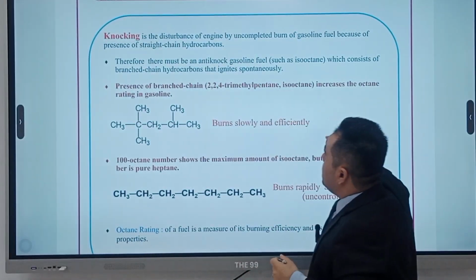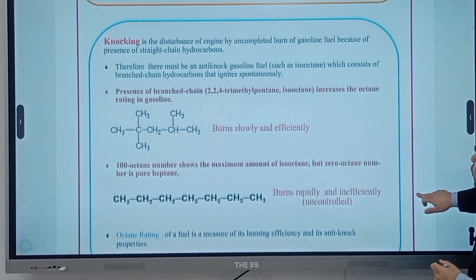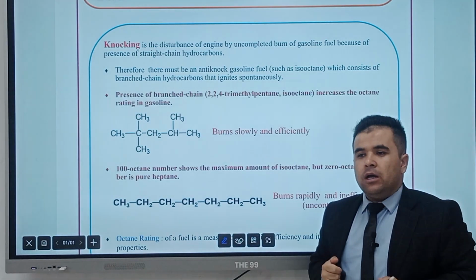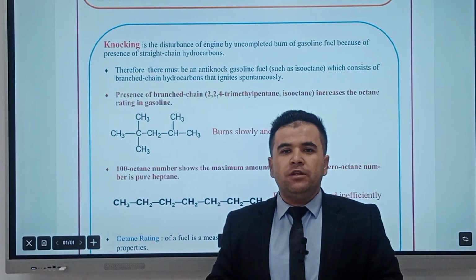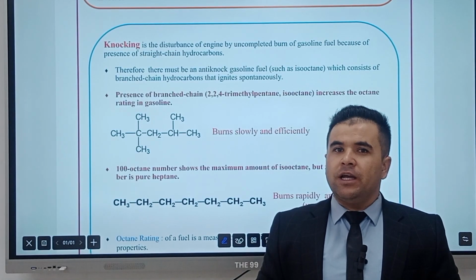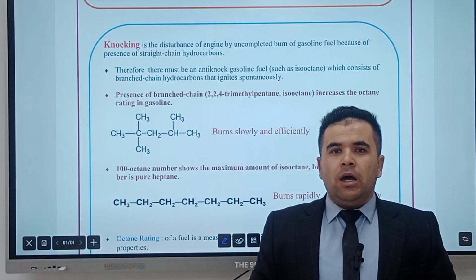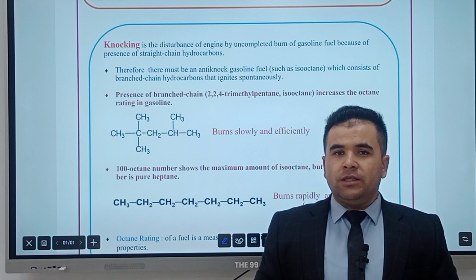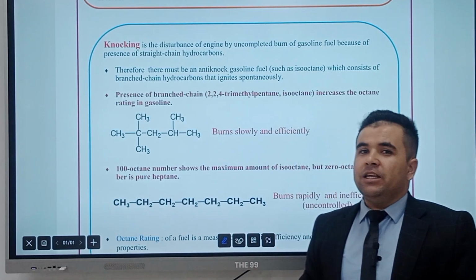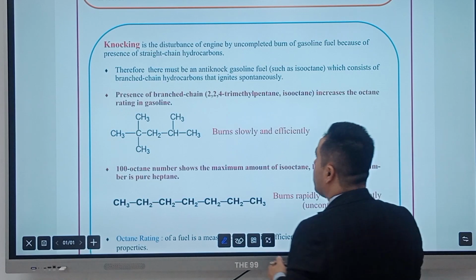Let us talk about the octane rating and the knocking of the fuel. Guys, we may have observed knocking in the engines, usually the gasoline engines, due to low quality or low octane number of the fuel. That in chemistry we call the knocking.